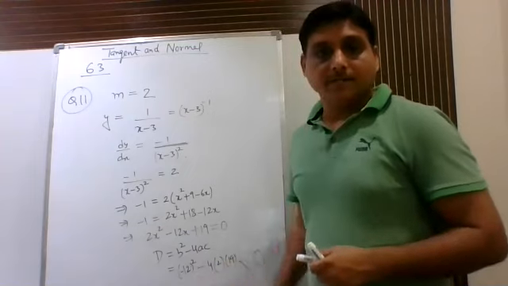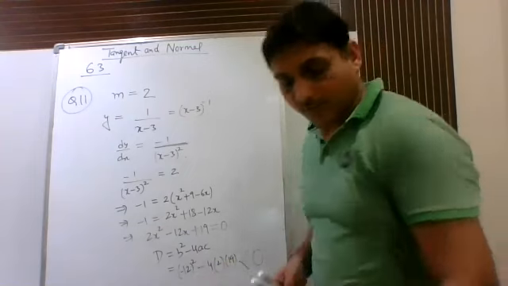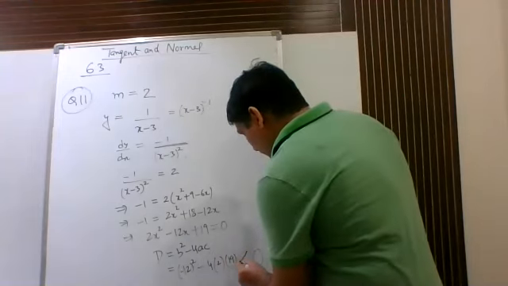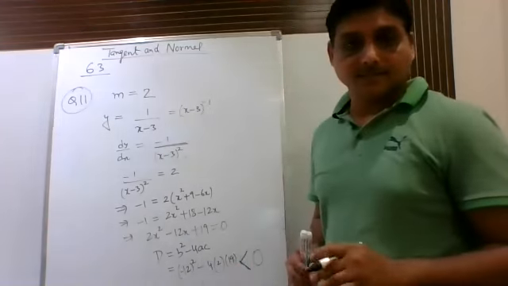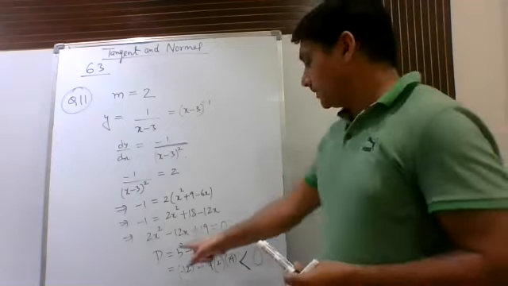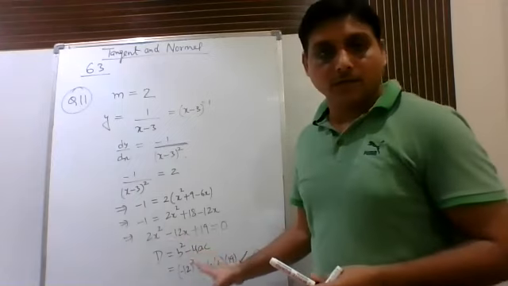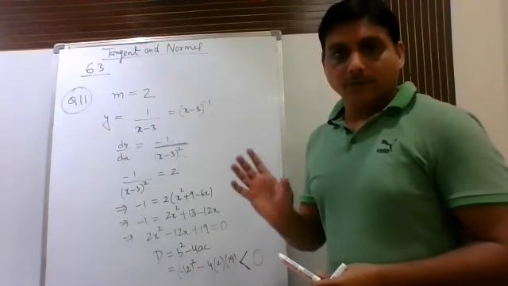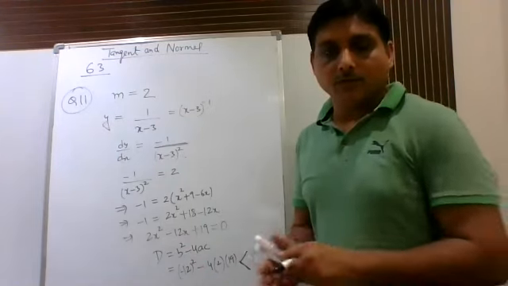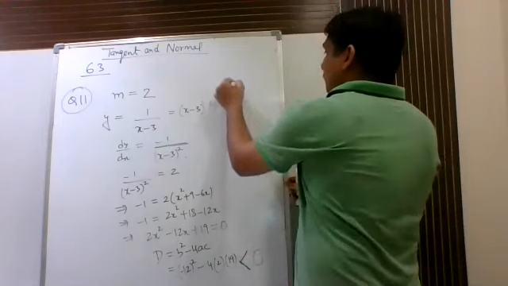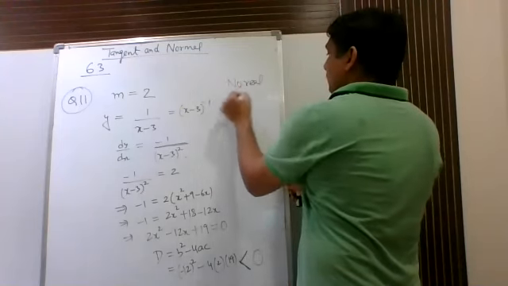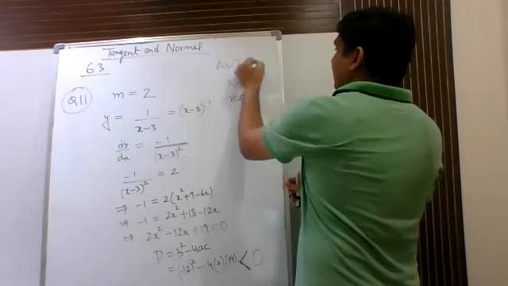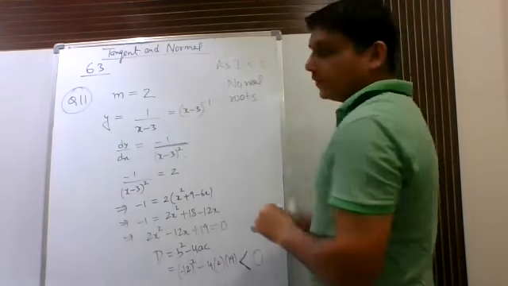Your discriminant is coming out to be negative. So when your discriminant is negative, you know that no real roots will exist. If the discriminant is negative, then you will say no real roots. As the discriminant is negative, therefore no real roots.